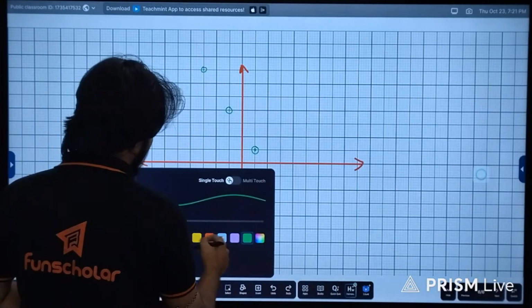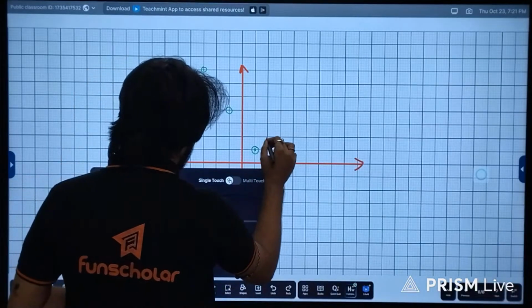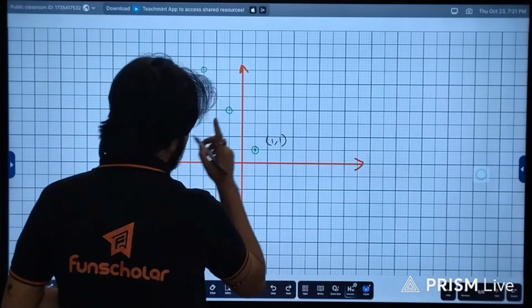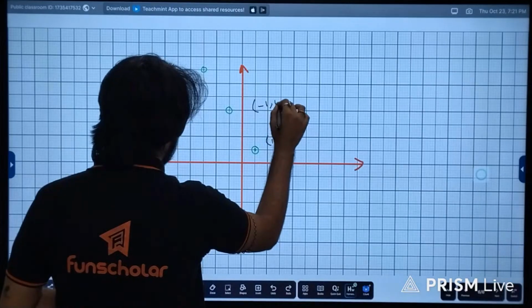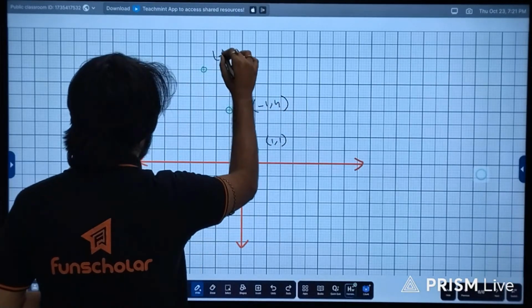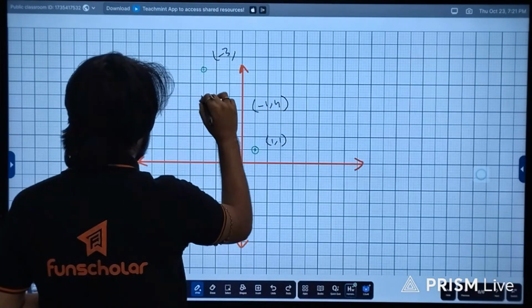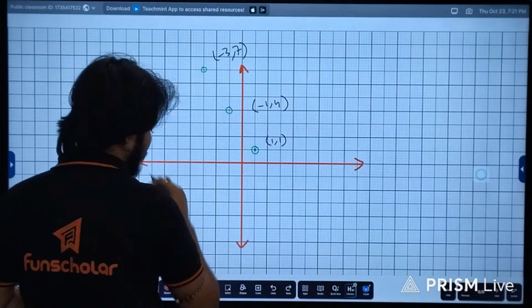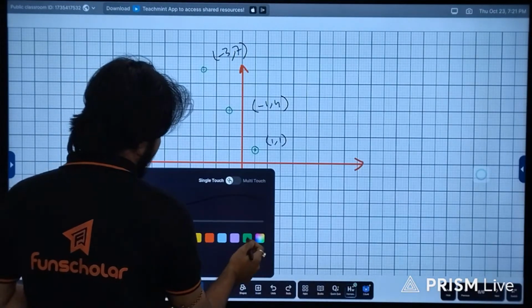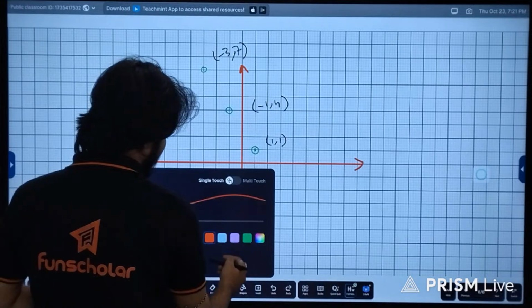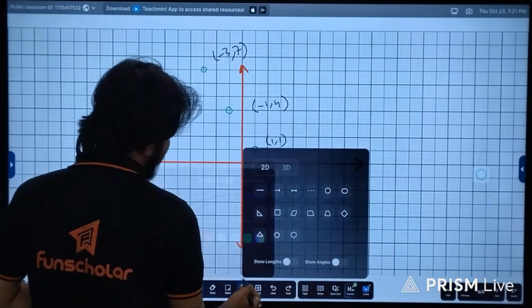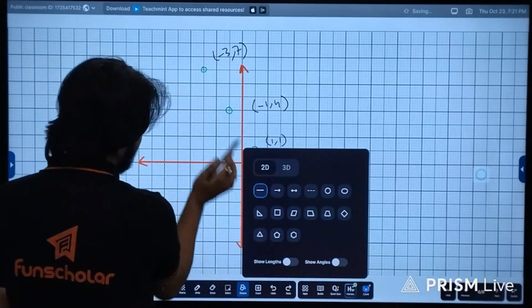Write the coordinates here: 1 comma 1, minus 1 comma 4, minus 3 comma 7. Just join these 3 coordinates.